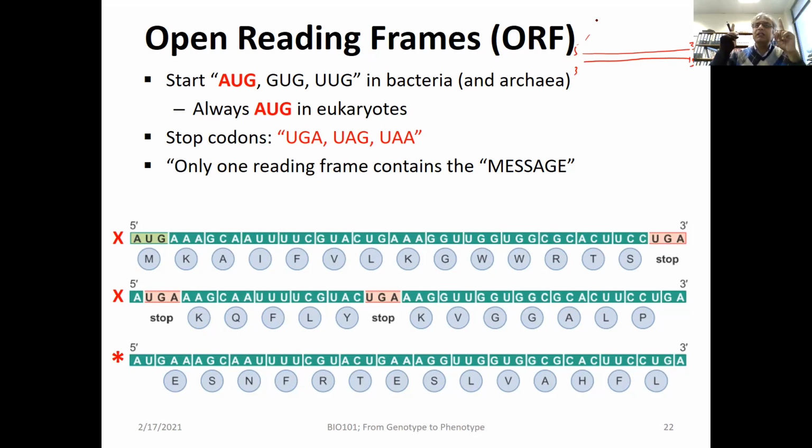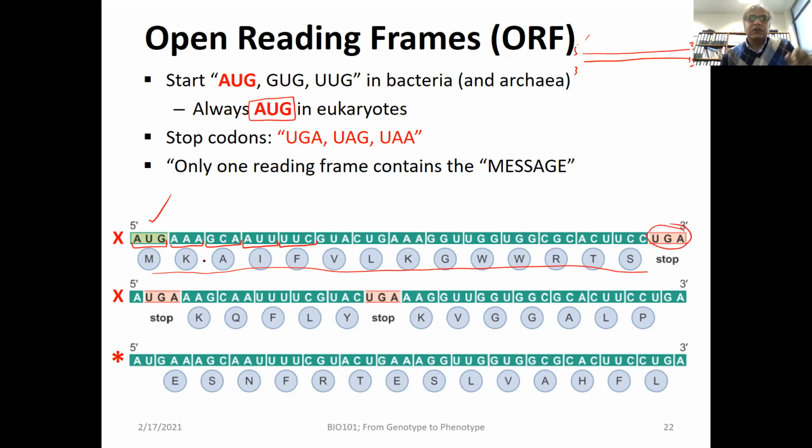But remember, the reading frame will be, in all the eukaryotes, where you have AUG. The ribosome is going to recognize the AUG, and from here, the ribosome is going to calculate the triplet code. And then you have the stop codon.